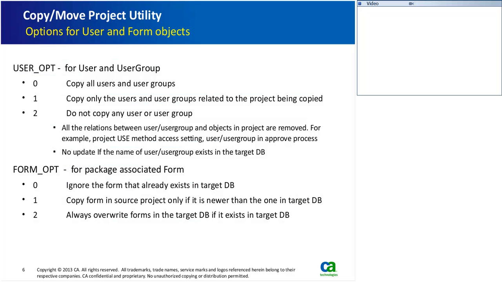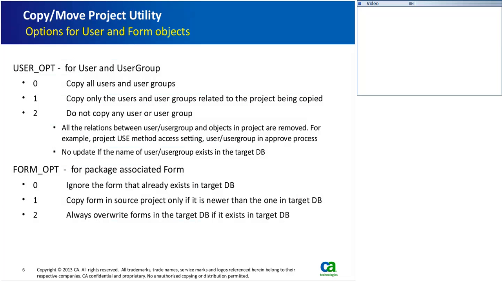And then, as you know, when you copy the project, it has quite a number of shared objects, like users and groups. So for each one of them, we offer you three options. You can decide how you're going to deal with those common shared objects, the related user groups. So 0 means you want to copy all the user groups over from the source database to the target database.